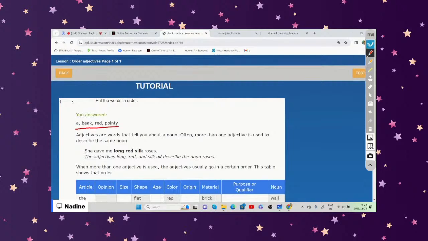Because we need to describe the noun. How are we going to put this in order? Starting with A. It says a, beak, red, pointy. We need to put that in order, and then our noun needs to be at the end.